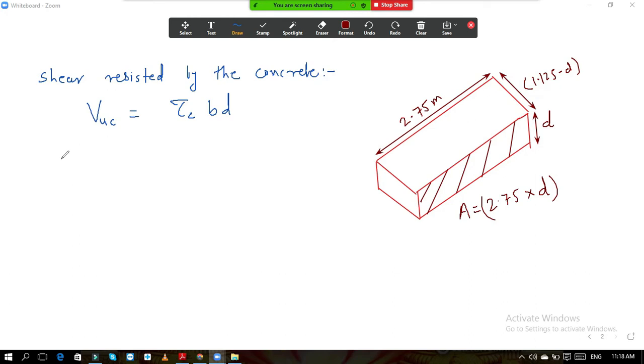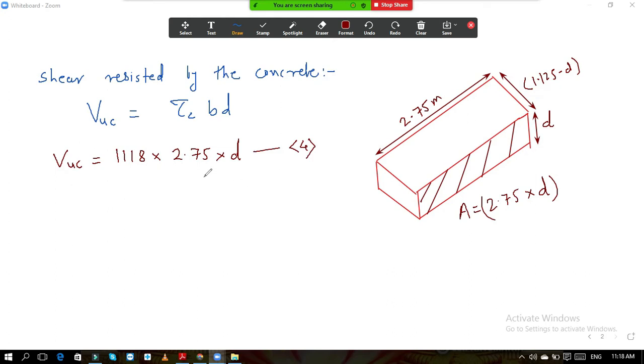So now VUC, shear resisted by concrete, is equal to tau C. What is the value of tau C? 1118 into area, that is BD, B is 2.75, D is as it is, 2.75 D. So this is your equation number 4.